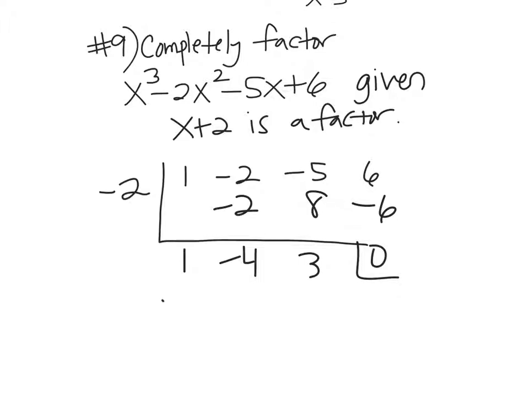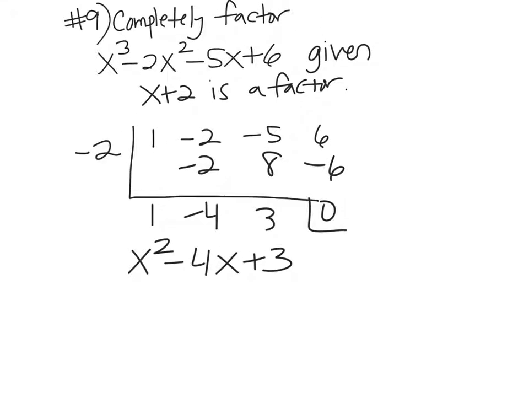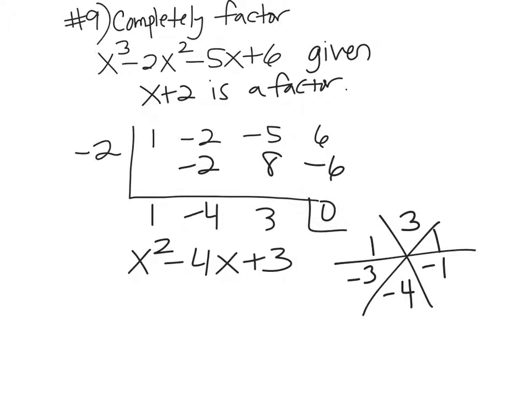So what we end up with is x squared minus 4x plus 3. And guess what? You know how to factor that. That's just simple star method, right? 3 goes up top, negative 4 on the bottom, 1 and 1. Two numbers that multiply to give us 3 and add up to negative 4 would be negative 3 and negative 1.